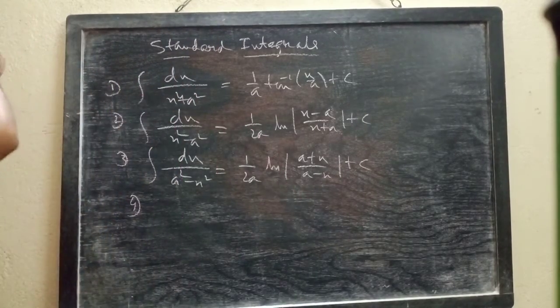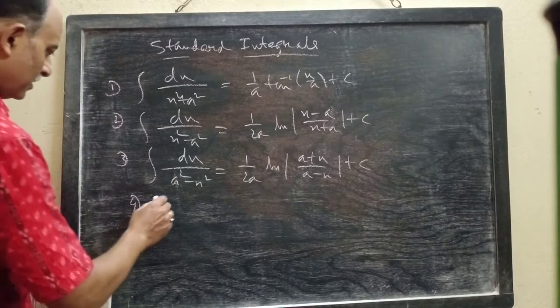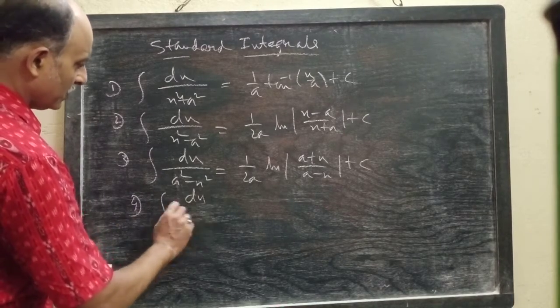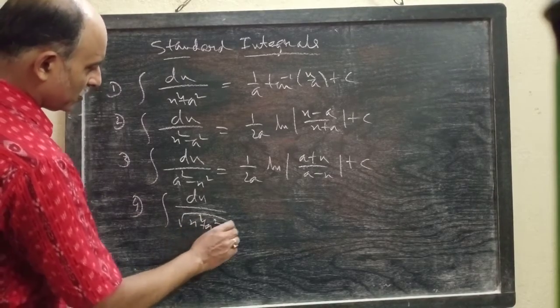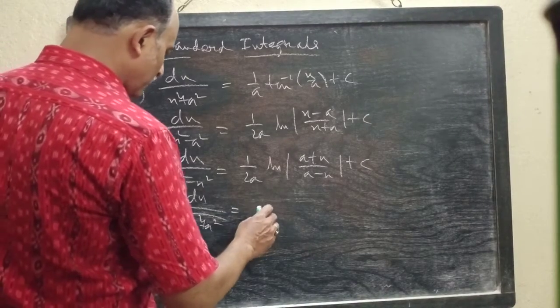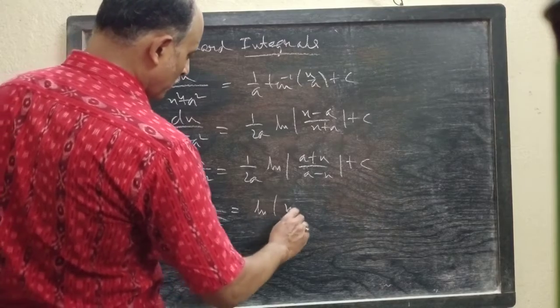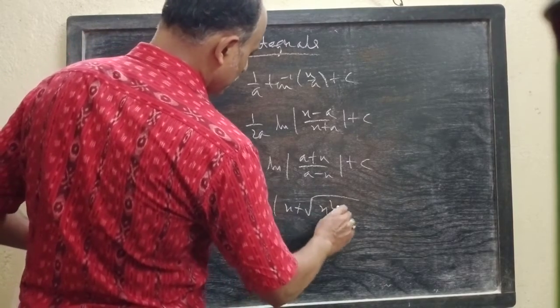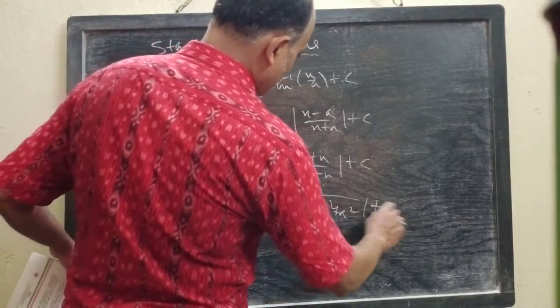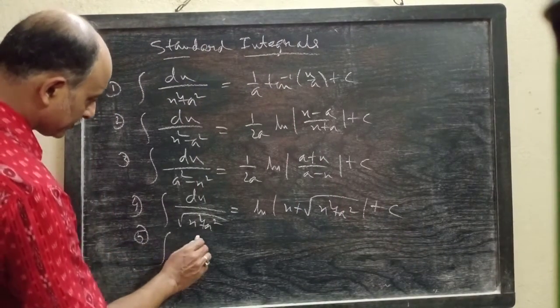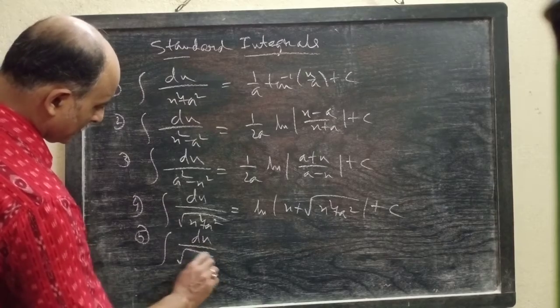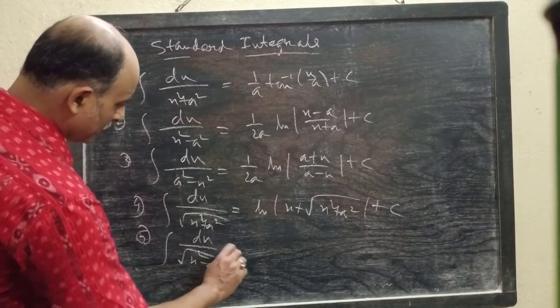Look, the first three have no root sign. Now the fourth, we have under root x square plus a square. This will be log of mod of x plus root of x square plus a square plus c. Number 5, under root x square minus a square.